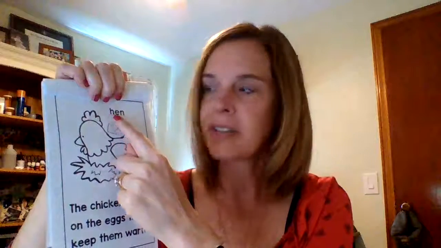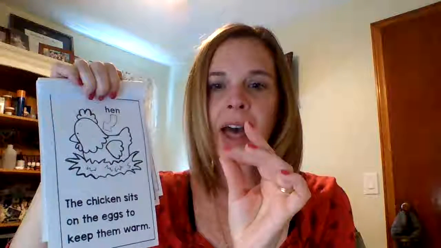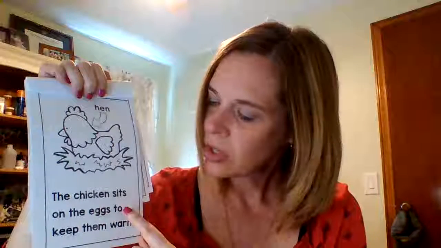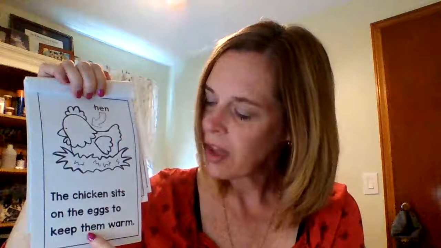It's a tap word, a CVC word, hen. So this is a hen, and a hen is a girl chicken. Hen. The chicken sits on the eggs to keep them warm.